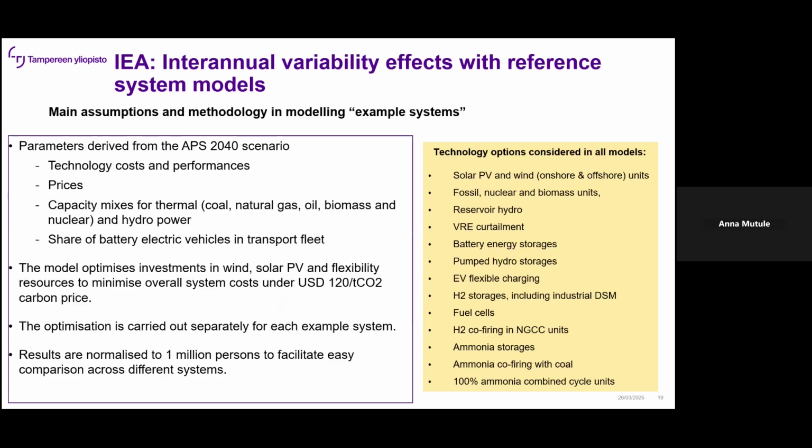Fossil options with and without carbon capture, as well as 100% ammonia or hydrogen-based units, were also considered. To enable fair comparison between regions, all results were normalized to represent a population of 1 million persons per system.